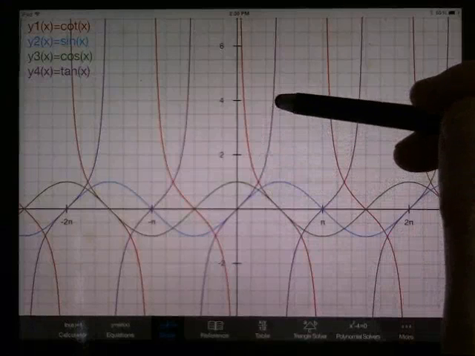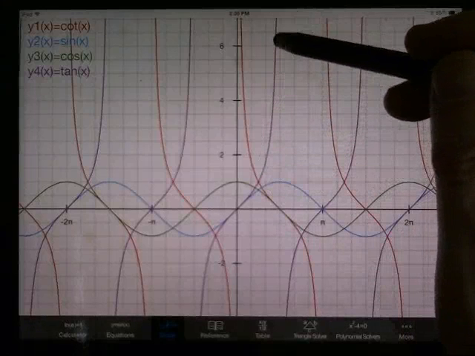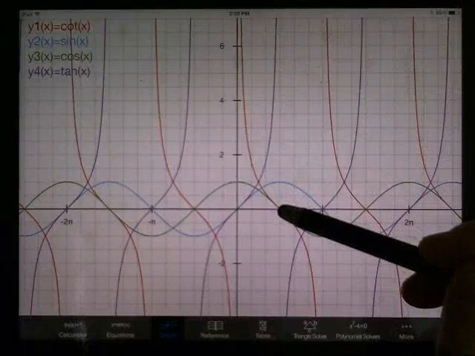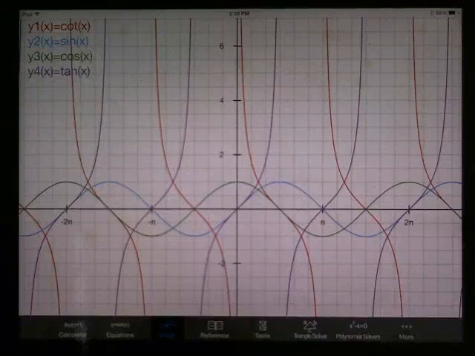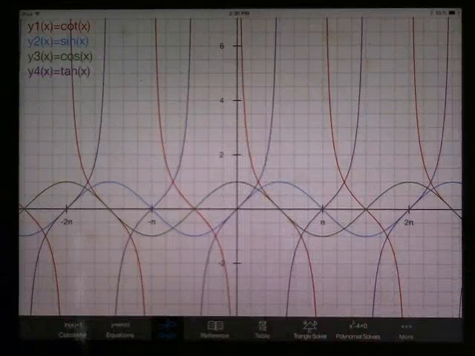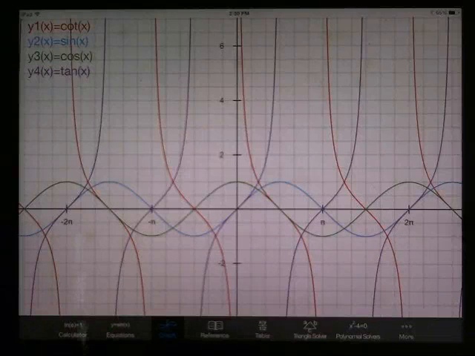So the times when the tangent is headed up toward infinity at the asymptote, the reciprocal is headed towards 0. Okay. So anyway, there's tangent and cotangent, reciprocals of each other, but both very closely related to sine and cosine. Right? There you go.